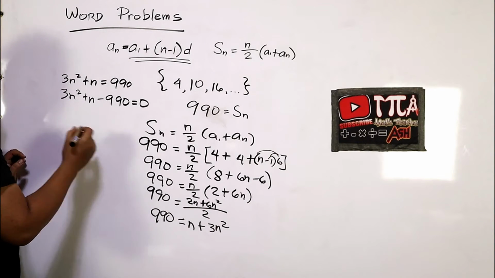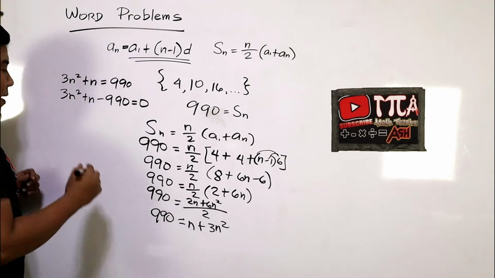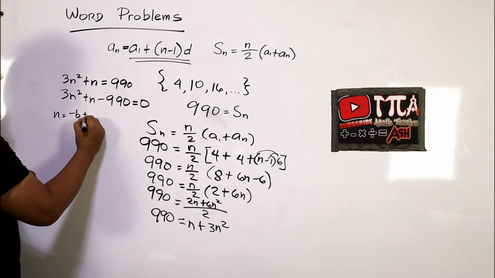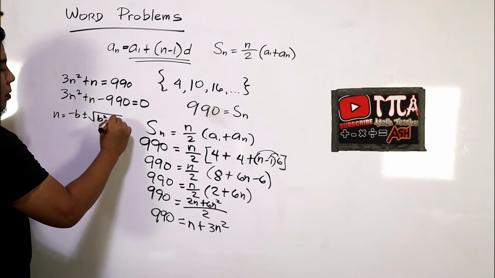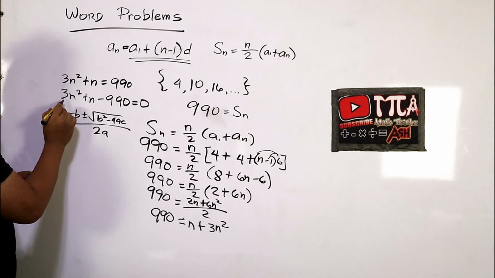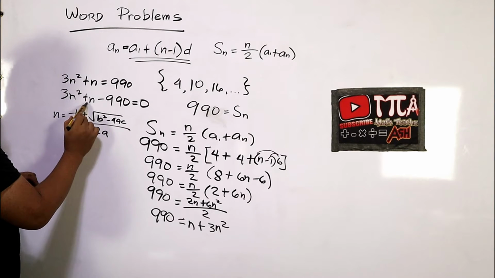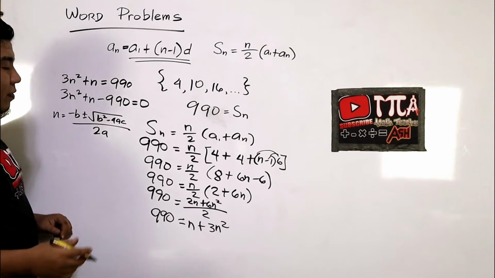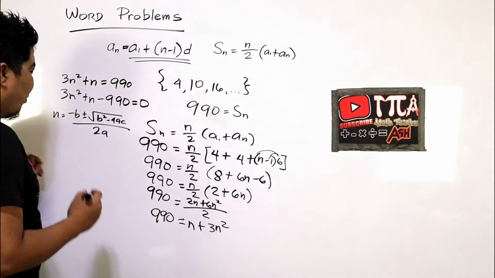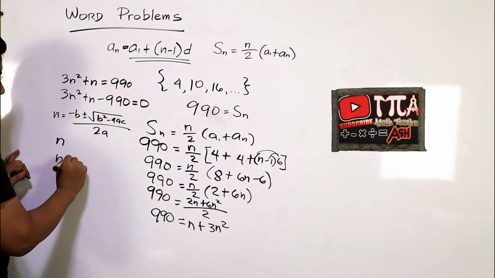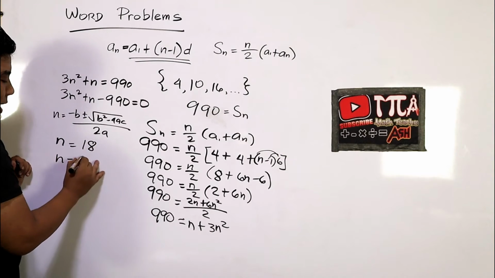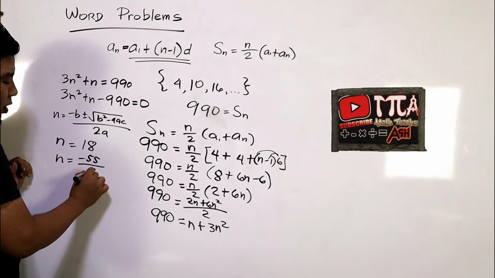So I now have an equation that is quadratic in standard form. By using the quadratic formula, n is equal to negative b plus or minus the square root of b squared minus 4ac over 2a, where our a is 3, our b is 1, and our c is negative 990. By using this formula, we will have two values of n: positive 18 and negative 55 over 3.